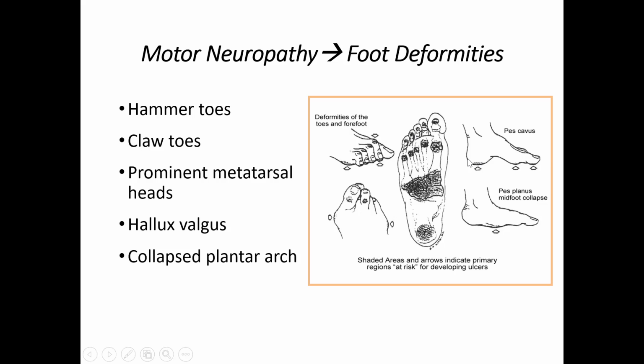You can see the top of the figure here. There is a deformity of the toes and the forefoot here. And then there is a pes cavus, which is like a deformity of the metatarsal heads and forming of a high arch foot. Okay. Then there is pes planus here, this one, or you can say flat foot.